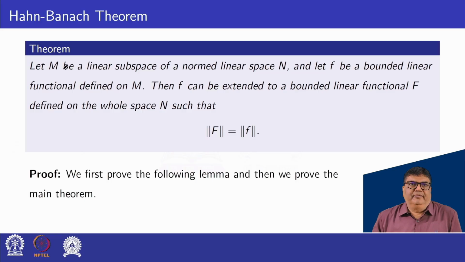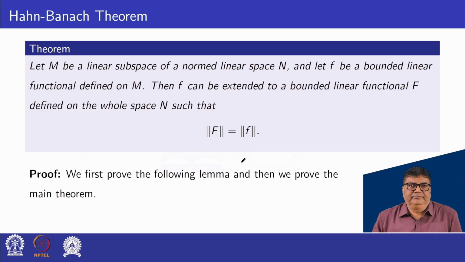Hahn-Banach theorem. Let M be a linear subspace of normed linear space N, and let f be a bounded linear functional defined on M. Then f can be extended to a bounded linear functional F defined on the whole space N such that norm F is equal to norm small f.